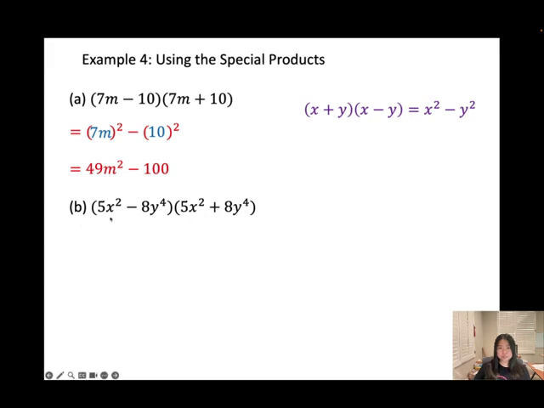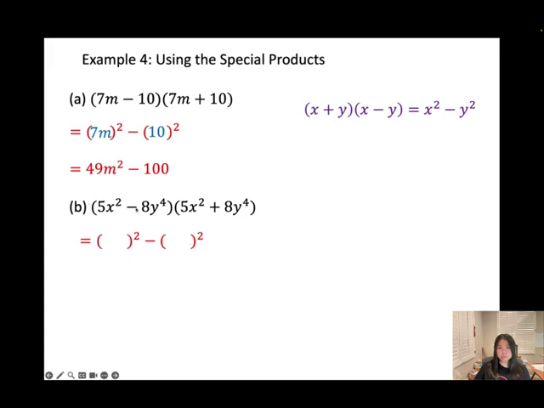Same idea for the B here. We do have x squared minus y squared. Same idea as part B. I have x minus y times x plus y. Okay? So it's supposed to be equal to x squared minus y squared.